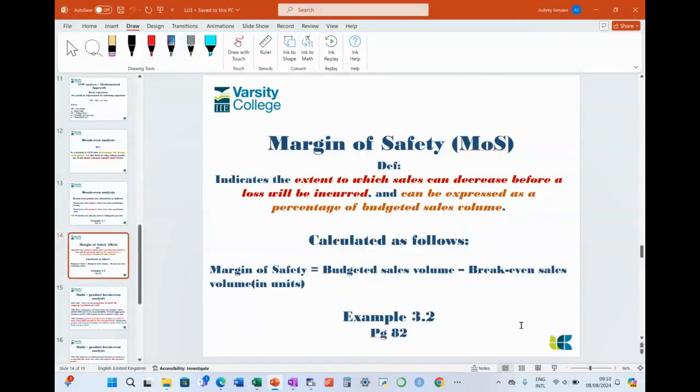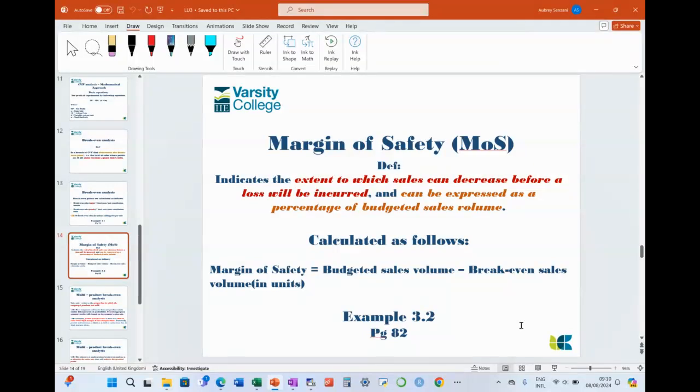Then we spoke to margin of safety last semester as well. I think here there's more emphasis on margin of safety in 2B than there was in 2A. But as the slide says, it indicates the extent to which sales can decrease before a loss will be incurred and can be expressed as a percentage of budgeted sales volume.